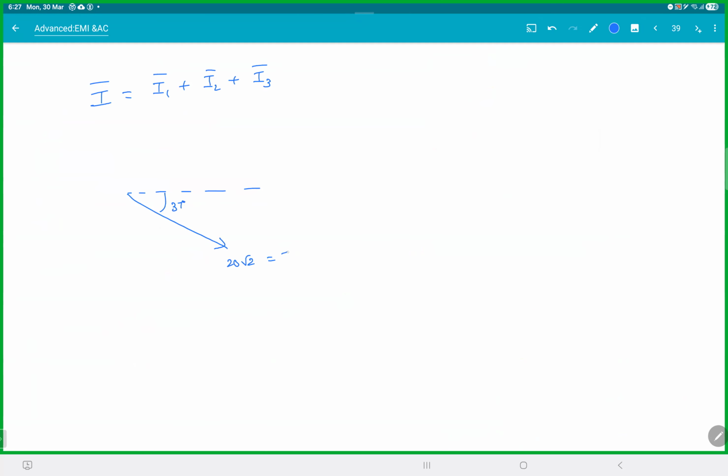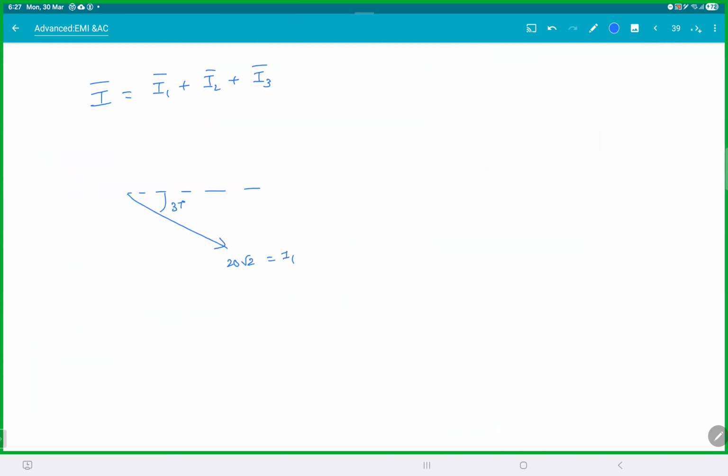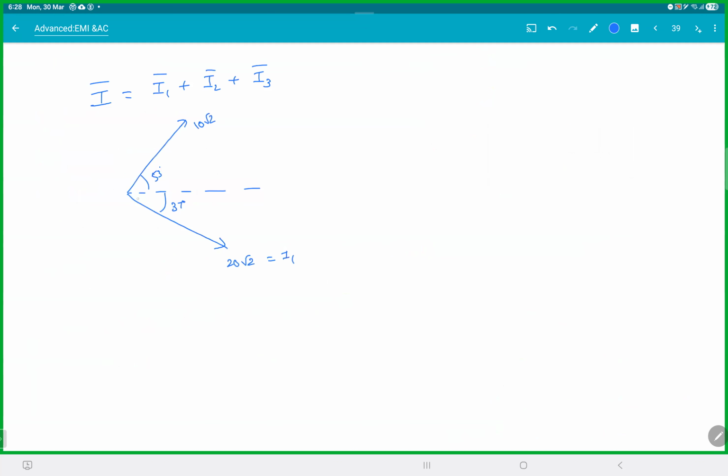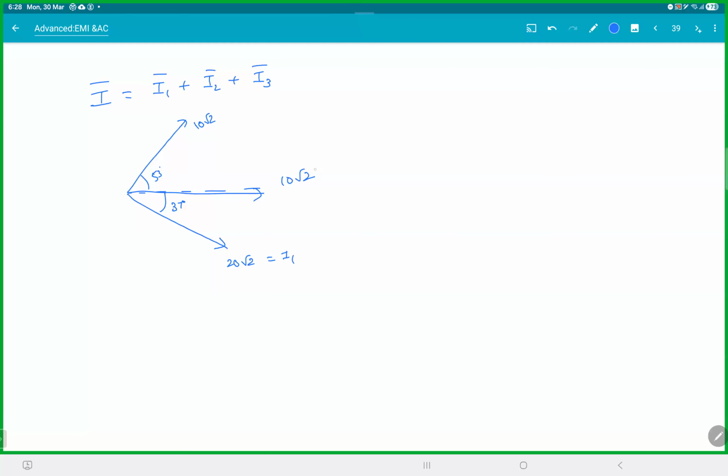So this is your I1. I2 is 10 root 2 making 53. So this is 10 root 2 and this is making 53 and these two are 90. And I3 is 10 root 2 making 0. This is your I3, this is your I2.